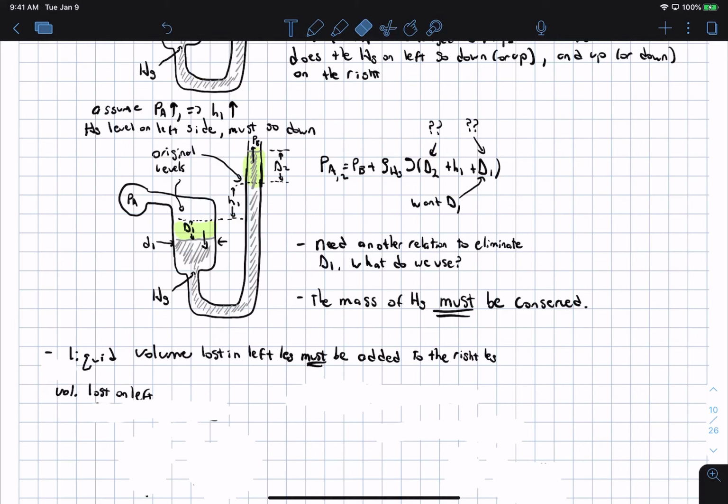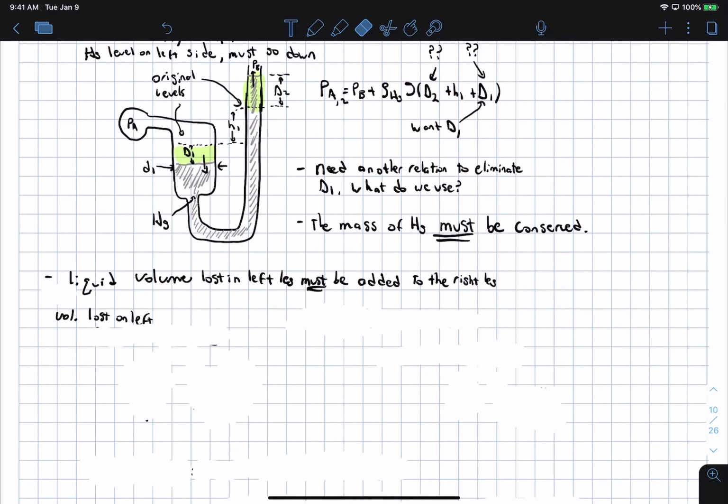Now, to relate delta 1, the change of height in 1, to the change of height in 2, what we will do is just keep track of the volume lost on the left and the volume gained on the right, which is really simple geometry. So the change of volume on the left is just the cross-sectional area of the tube over here times the height. Oops, I got G here for some reason.